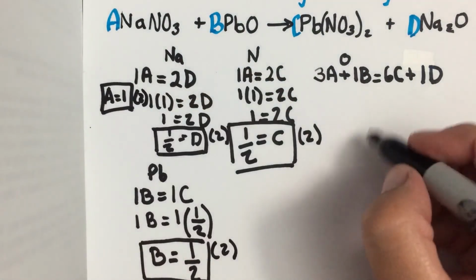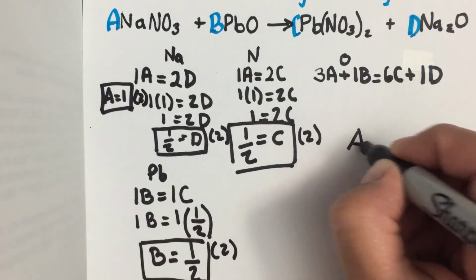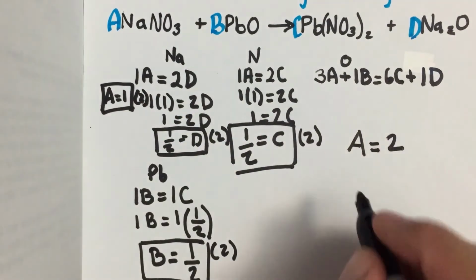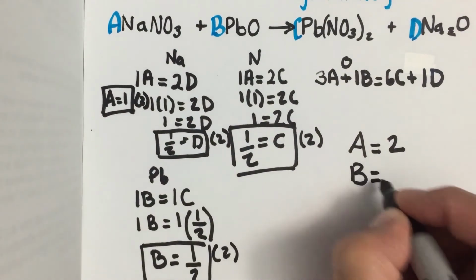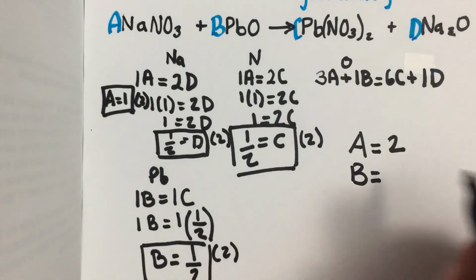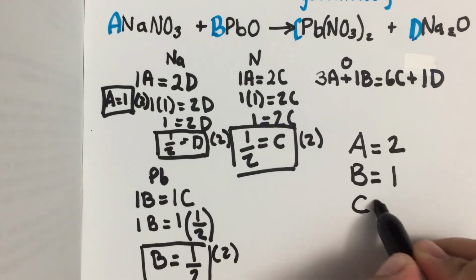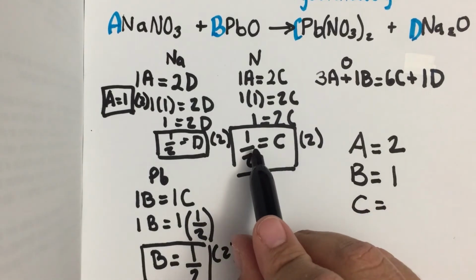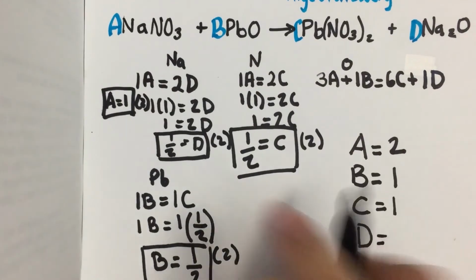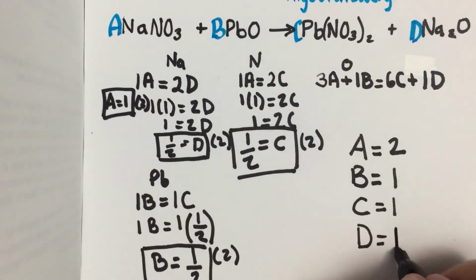So this tells us that our A is going to be 2 times 1, 2. Our B is going to be 2 times 1 over 2, which is 1. Our C is going to be 2 times 1 over 2, 1 again. And our D is going to be 2 times 1 over 2, 1 again.